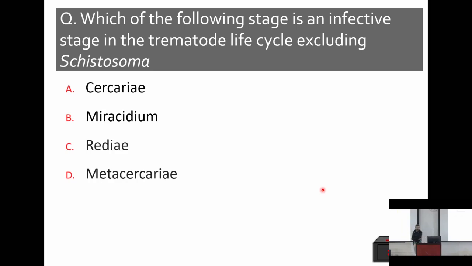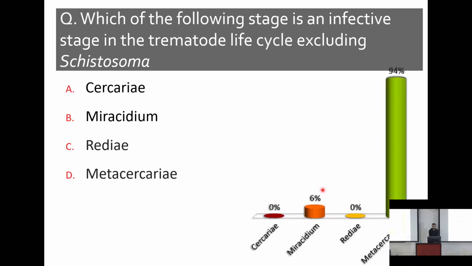Which of the following stages is an infective stage in the trematode life cycle, except schistosoma? So, metacercariae.